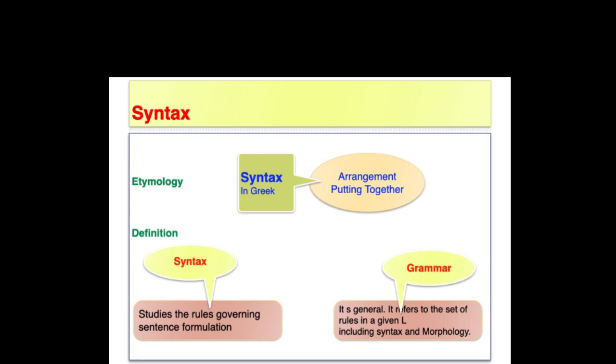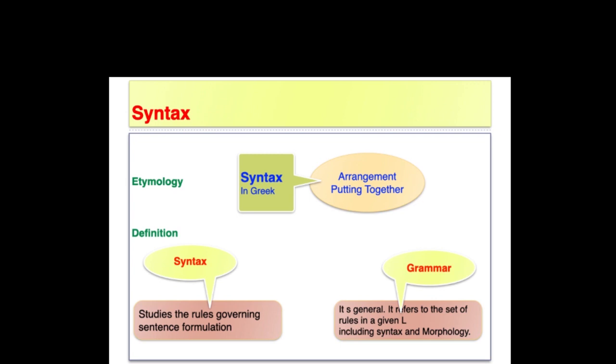Whereas grammar, it is said that it's a much more general aspect. It refers to the set of rules in a given language, including syntax and morphology. Now, this means that grammar is a general term that covers not only how sentences are formulated, but also word formation, for example, in morphology.